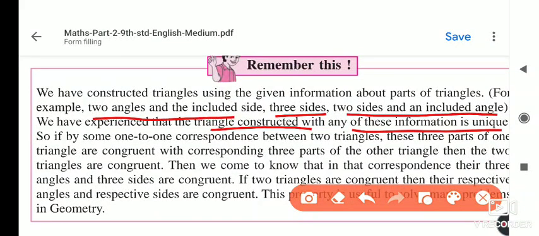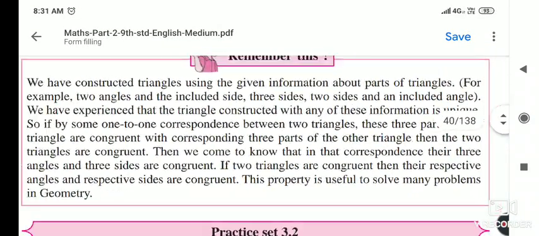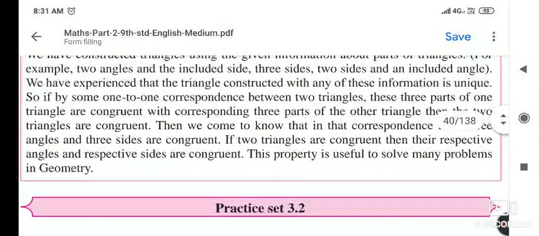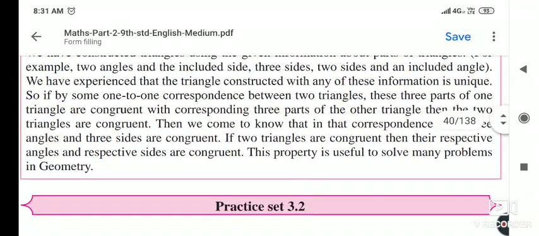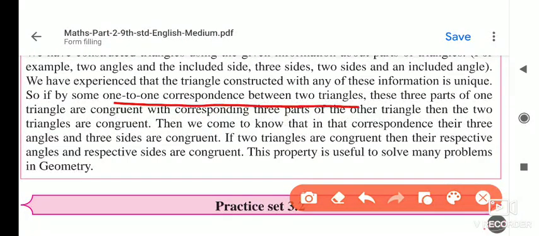So if by some one-to-one correspondence between two triangles, three parts of one triangle are congruent with the corresponding three parts of the other triangle.